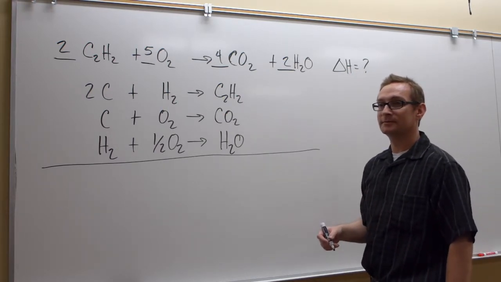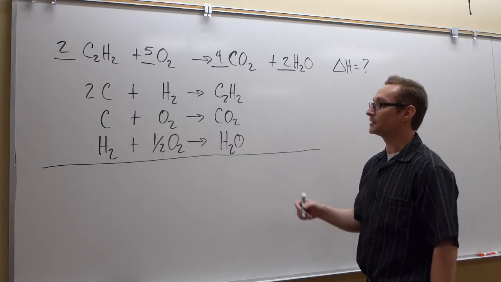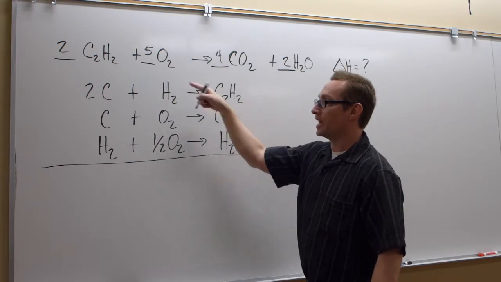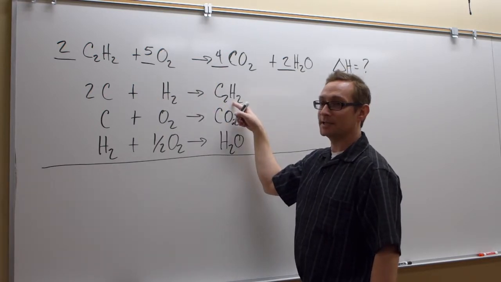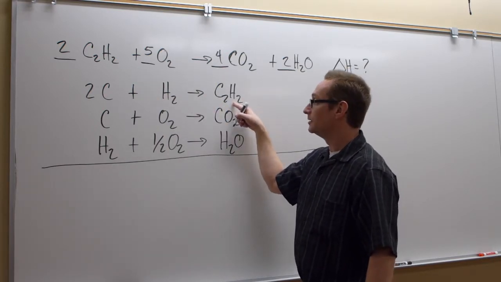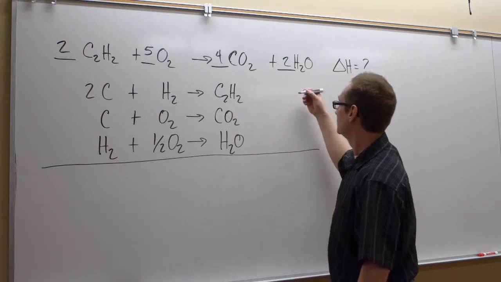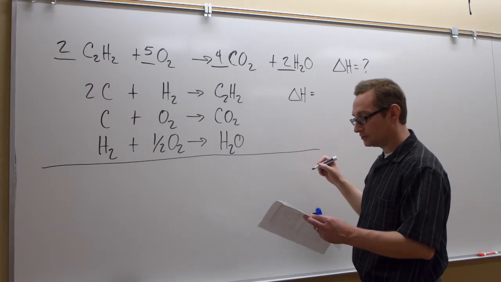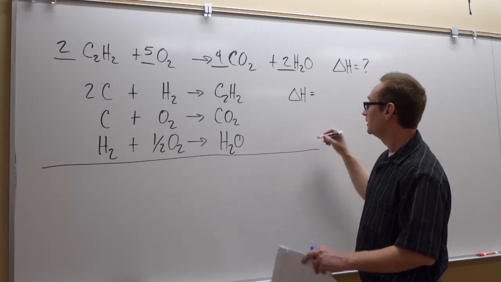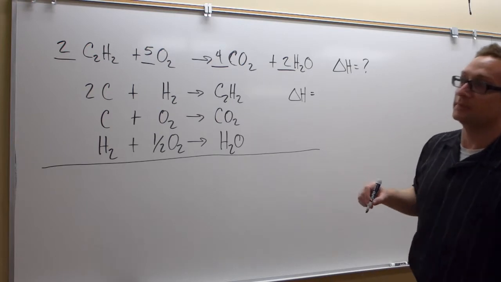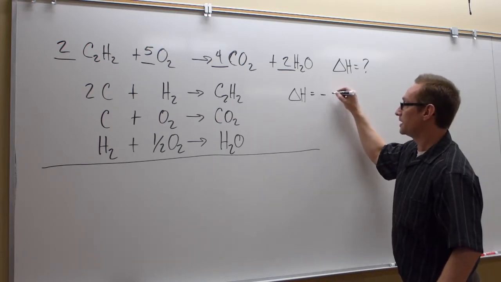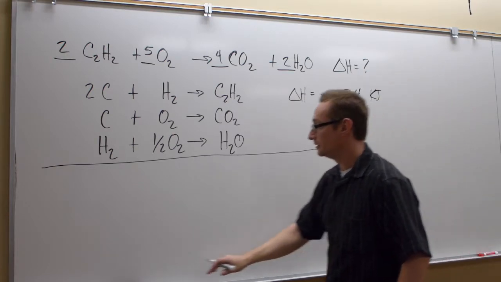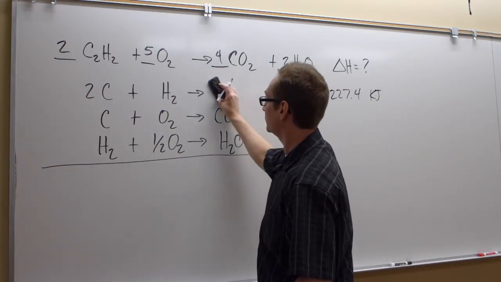Oh, we flip the first one. Right, you've got to flip the first one, because we want C2H2 on the left side of the arrow, but right now, the only reaction with a C2H2 in it has it on the right side. Right now it says delta H for that reaction is positive 227.4, but it's now going to become negative 227.4. And when we change that to a negative, we reverse this.